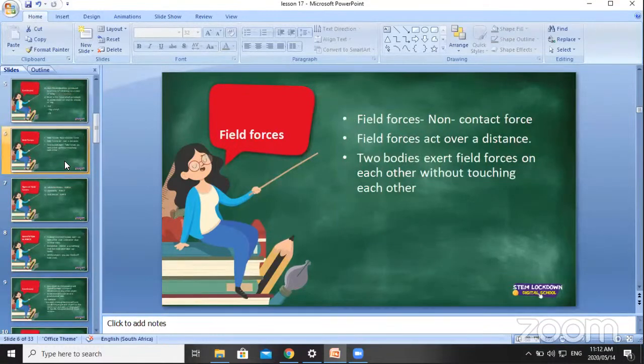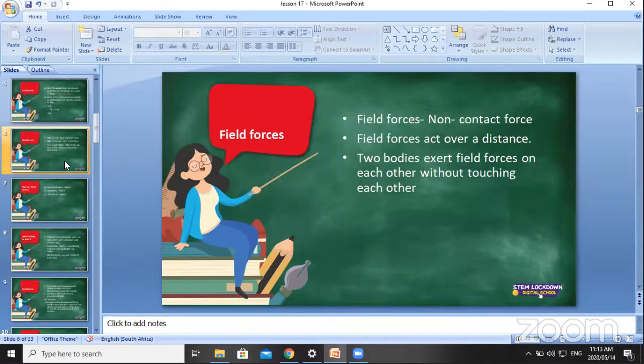When we are looking at field forces, there is no contact force. A non-contact force is a force that is exerted over a distance, and it can also be called a field force.